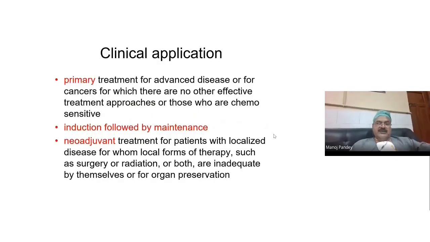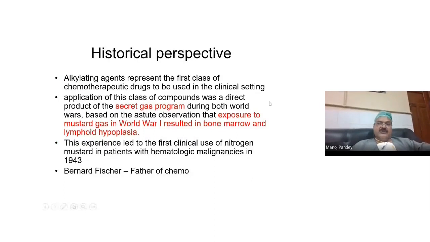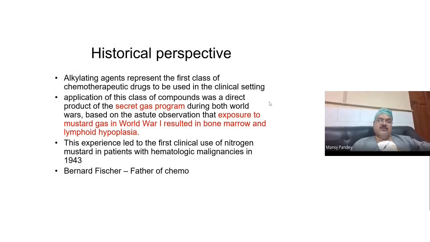So now if you look at the history of chemotherapy, what has gone beyond? Chemotherapy actually has been discovered accidentally. During World War I and World War II, people were working on various gases, and one of the gases which was used was nitrogen mustard. And it was seen that when people were exposed to nitrogen mustard, they had a suppression of bone marrow and lymphoid hypoplasia.